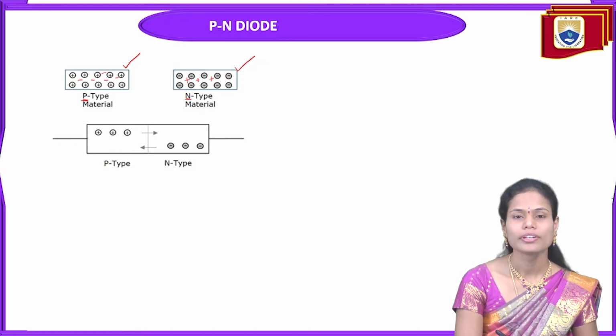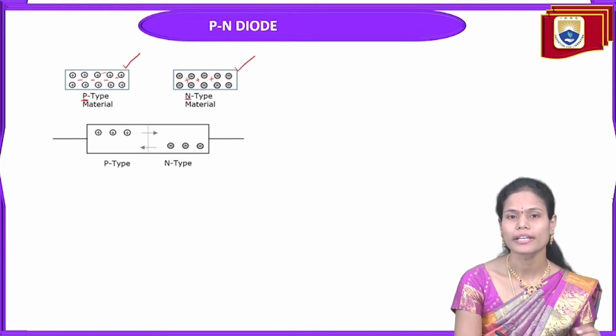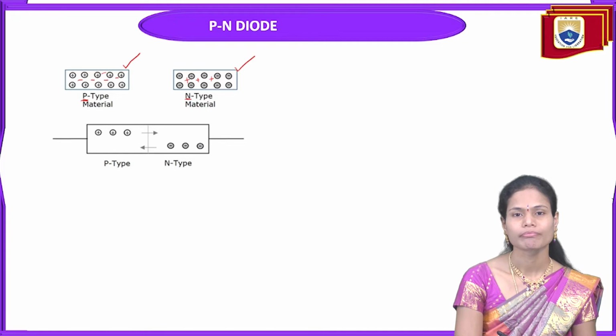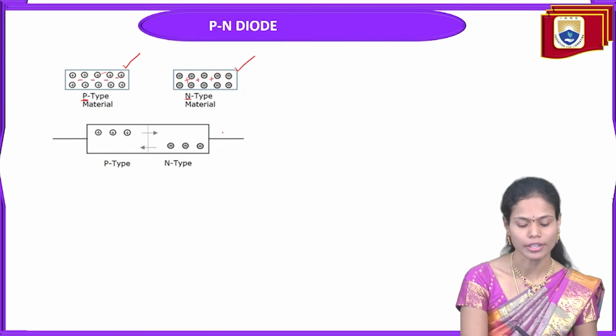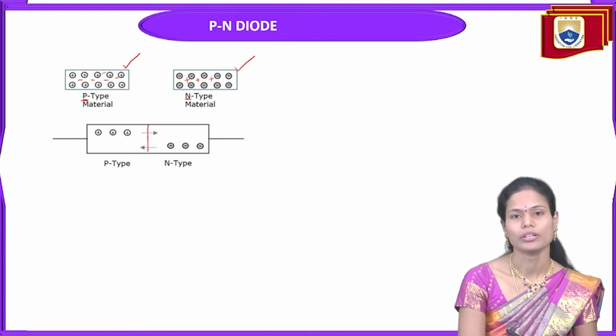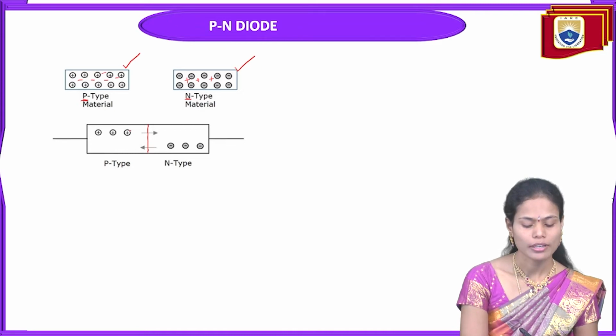If we join the two pieces of P and N type semiconductor materials together, we form the PN junction diode.